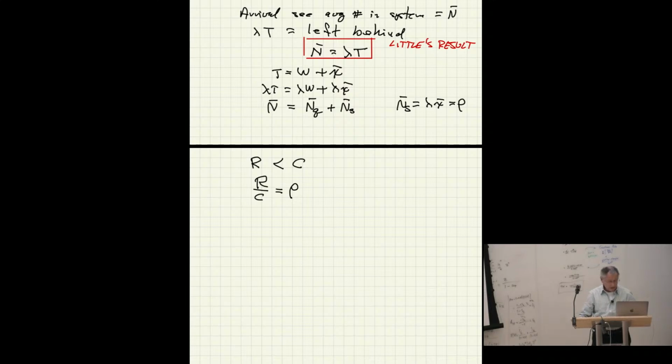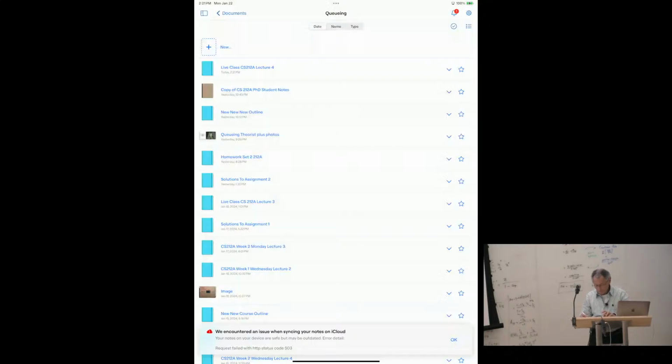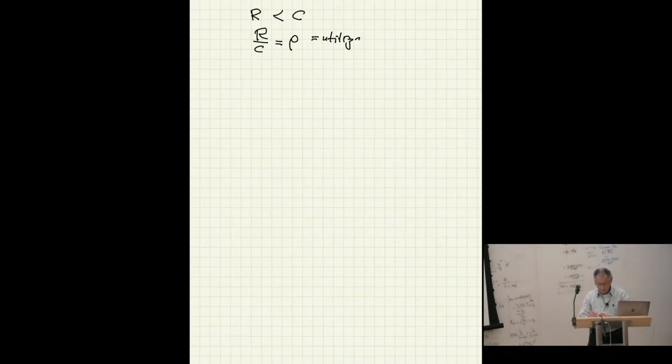That's the fraction of time the server is busy, and this is called the utilization factor in queuing theory.